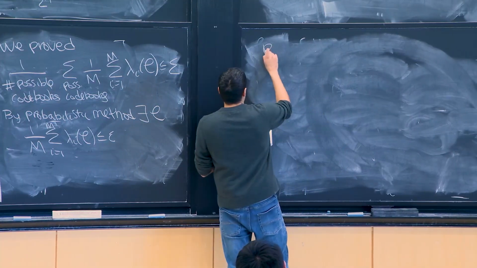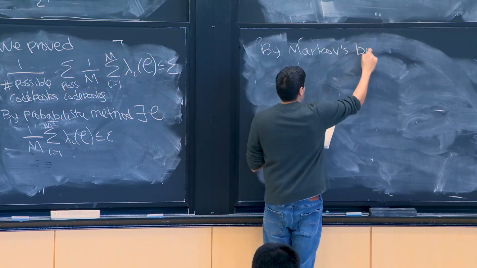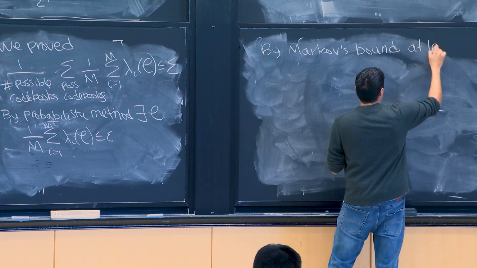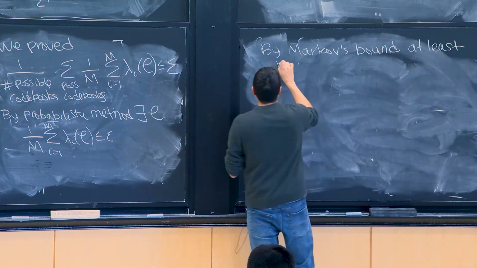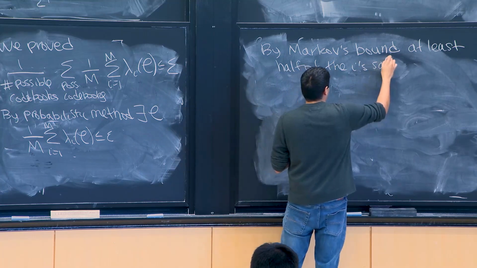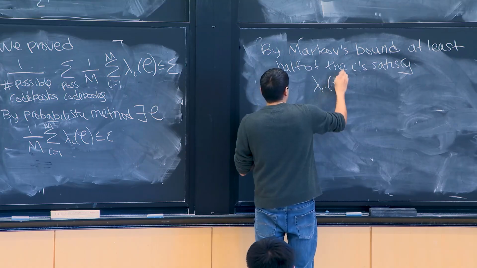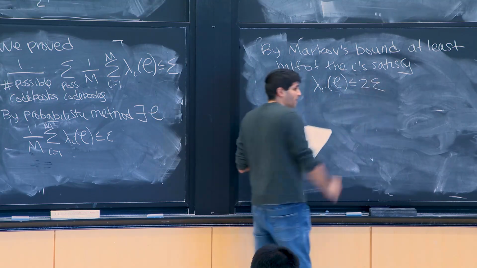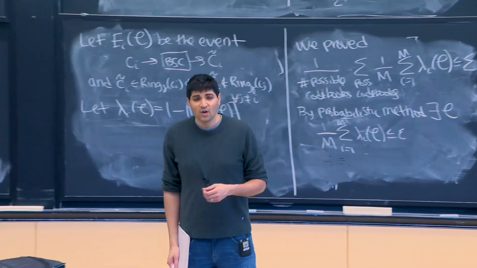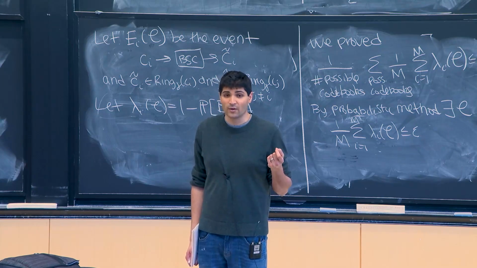I claim, by Markov's bound, we know that at least half of the i's satisfy the bound that lambda i of c is at most 2 epsilon. So this is our old friend, the Markov bound, right? Because we're looking at random variables that are 0, 1 valued, like did you have a decoding failure?